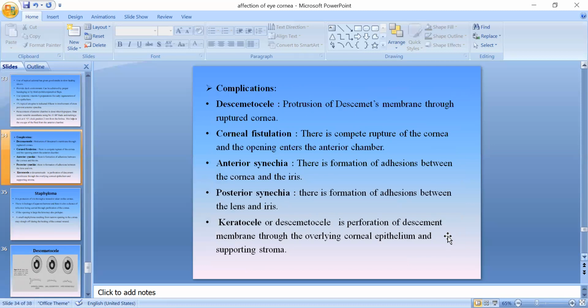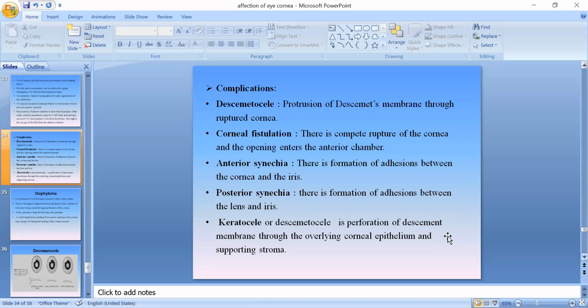Complications of corneal ulcer: descemetocele, protrusion of Descemet's membrane through the ruptured cornea. Corneal fistulation: there is complete rupture of the cornea and the opening enters the anterior chamber. Anterior synechia: there is formation of adhesion between the cornea and the iris. Posterior synechia: there is formation of adhesion between the lens and iris.